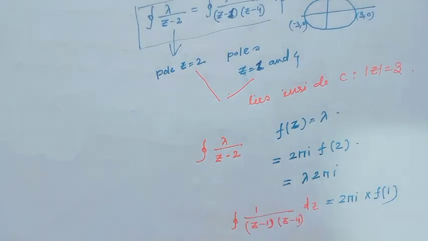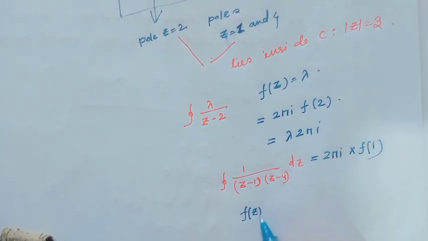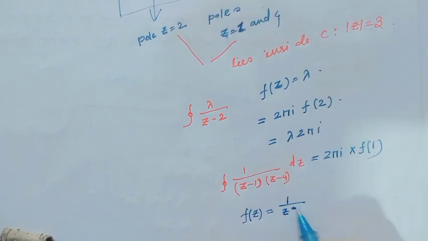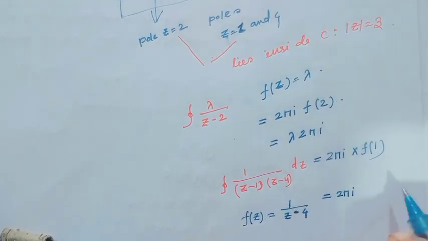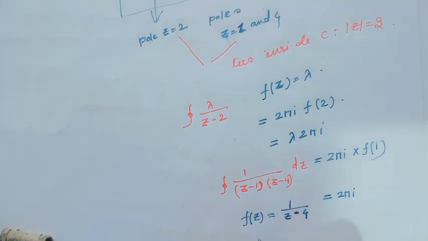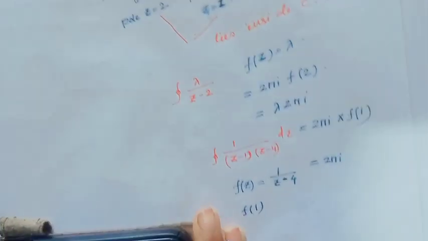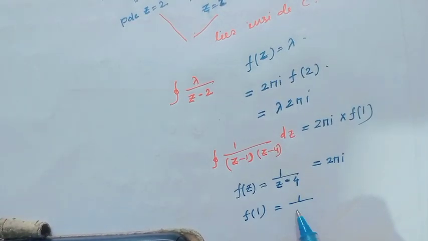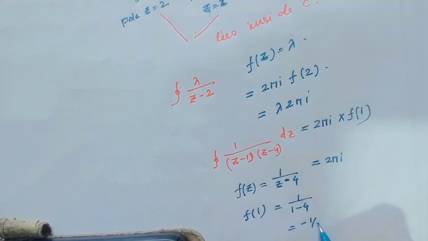Here f(z) equals 1 over z minus 4. So this value is equal to 2 pi i times f of 1, which means 1 over (1 minus 4), equal to minus 1 over 3.